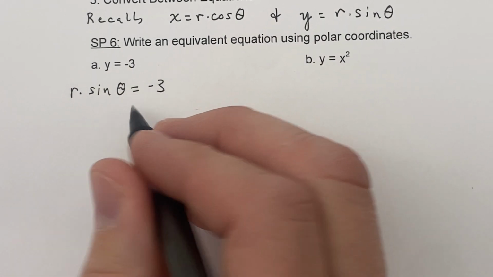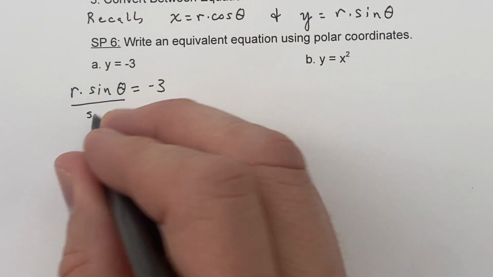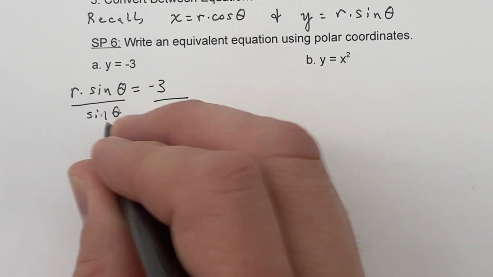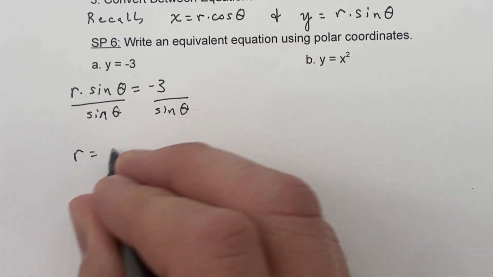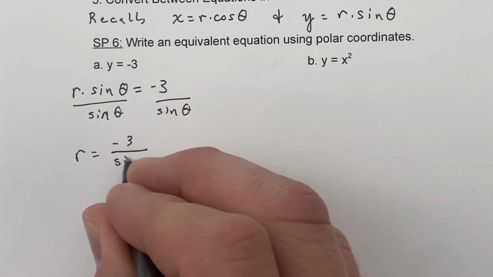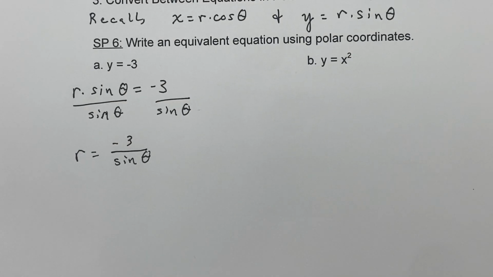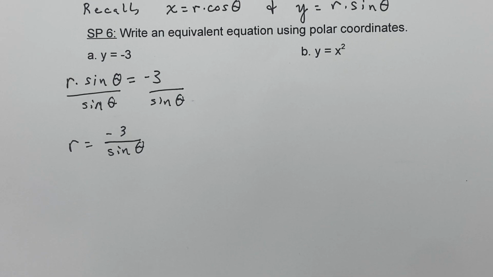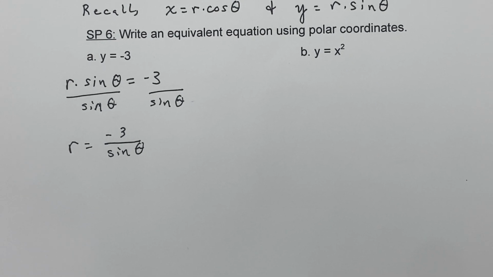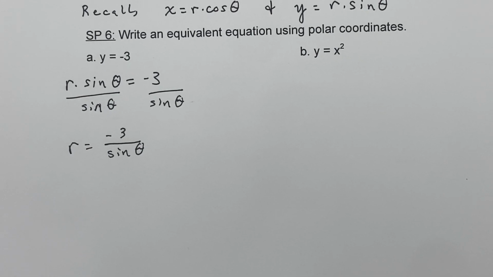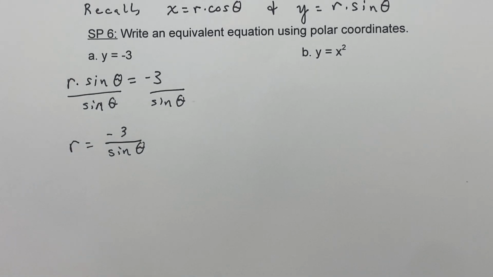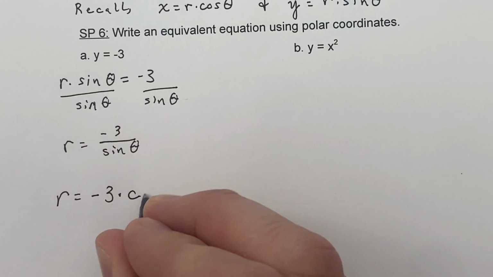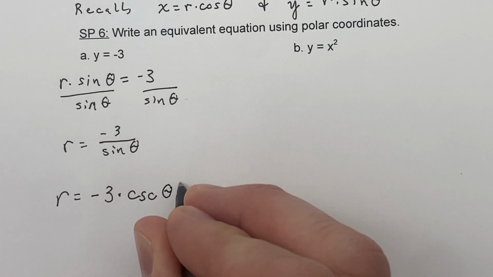If I want to solve for r, divide by sine of theta. So r is equal to -3 over sine of theta. We typically don't like fractions. How do we get around that here? The reciprocal of sine is cosecant. So r is equal to -3 times the cosecant of theta.